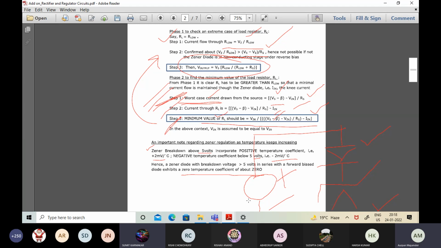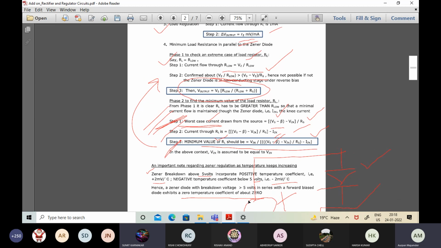If you short the resistance RL, if we just go for a short across this Zener, then will the Zener work? No, the Zener will be eliminated completely. Zener will not come and have its effect at all. So you should have some minimum level of RL for the action of the Zener. If it becomes lower than that, Zener will fail and this equation will have its effect, which is a problem.